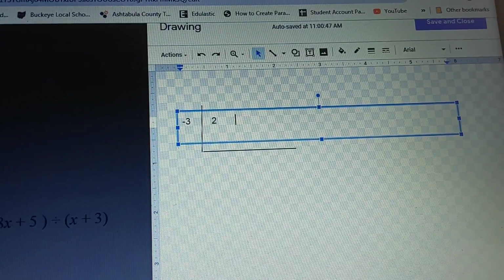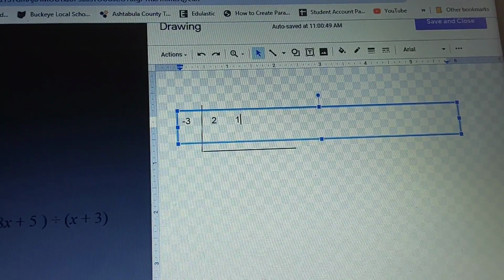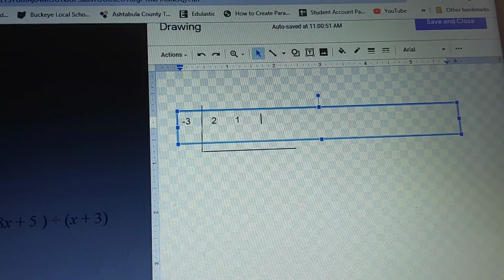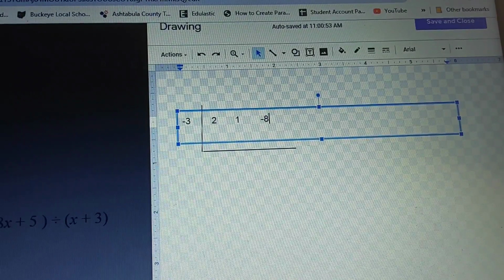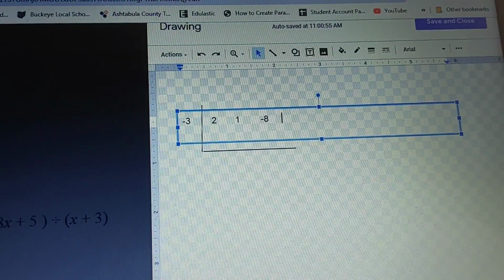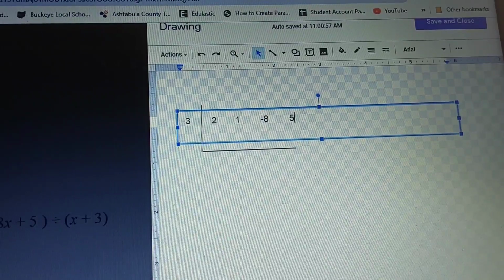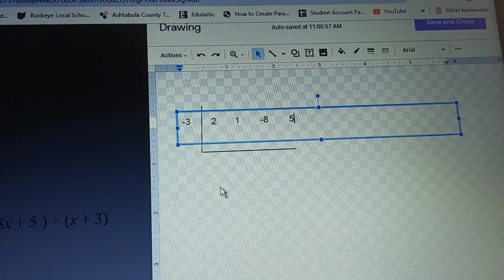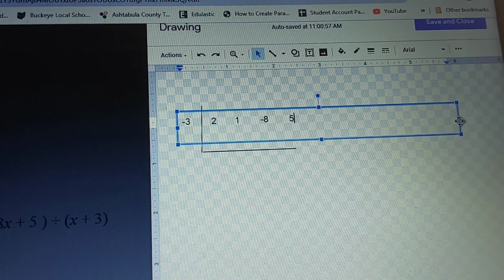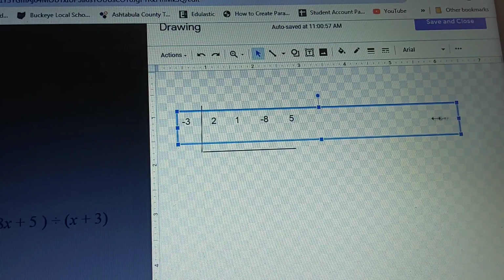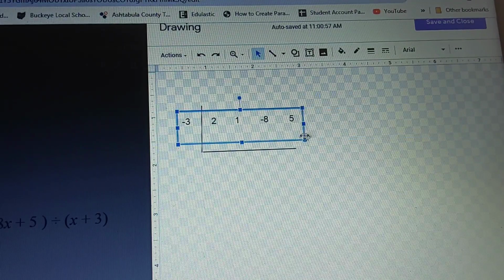My second coefficient is 1, space over. My next coefficient is -8. And my last constant is 5. Okay, now I can adjust this box. I can bring this over to make it smaller. I can bring this up here.